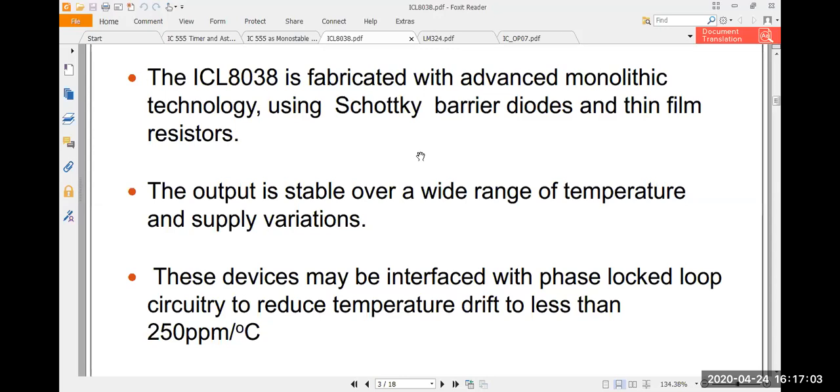So it is very, very important that these factors should also be considered. So the output is stable over a wide range of temperature and supply variations. That means even if there are variations in the supply that you are providing, and even if there are changes in the temperature around, we can produce a stable output.